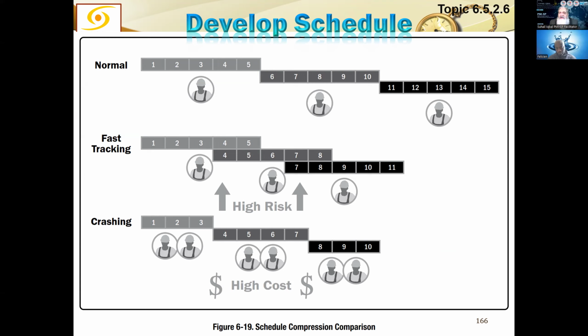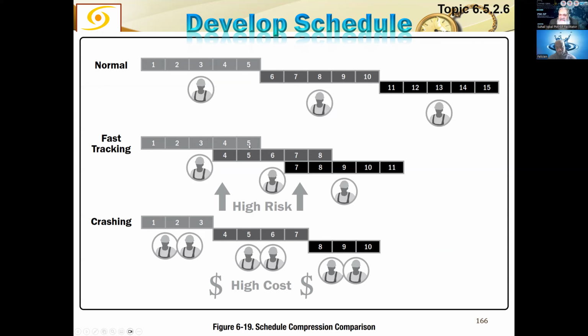Crashing is never your first option. Your first option is as much parallelism as you can increase in your project by doing fast tracking. That would be the ideal solution. Although when you are overlapping activities you are increasing the risk, there is no upfront cost, because whatever money I had to pay on day 6 and day 7, I am now paying alongside day 4 and day 5.